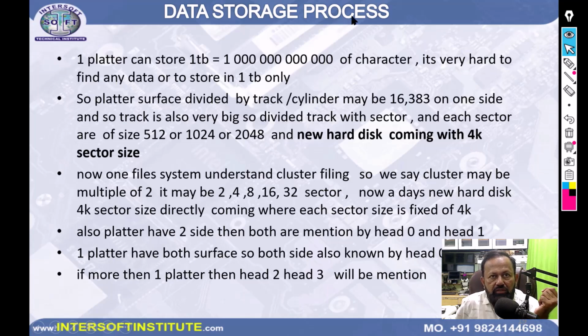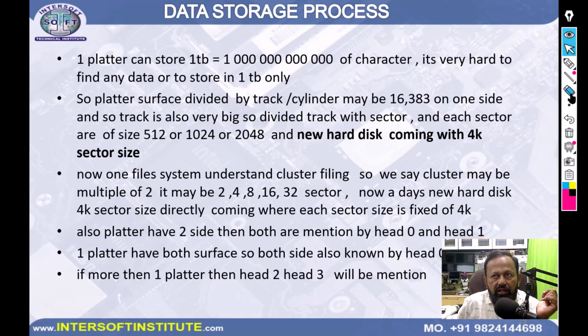So, the data storage process: how the data is stored in the hard disk. One platter can store approximately 1 TB of characters, so it is very hard to find any data in 1 TB. So the platter surface is divided by tracks, cylinders may be 16,383 to 1 lakh or above on one side, and the track is also very big. So the track is divided into sectors, and each sector is 512, 1024 or 2048 bytes, and new hard disks are coming with a 4K sector size.